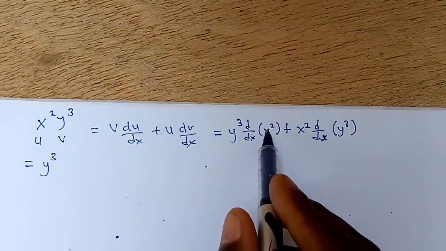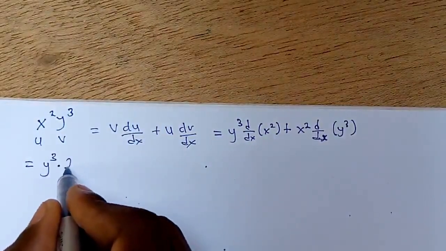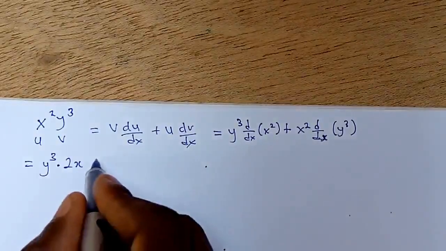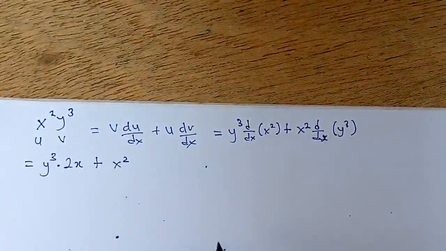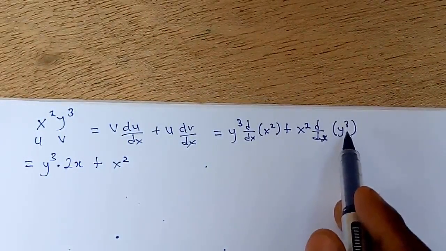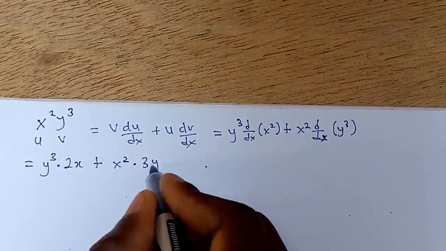Find the derivative of x squared, which is just 2x. That's the derivative of x squared. Plus here we just write x squared because we're not doing anything to it, and we find the derivative of y cubed, which is going to be 3y squared.